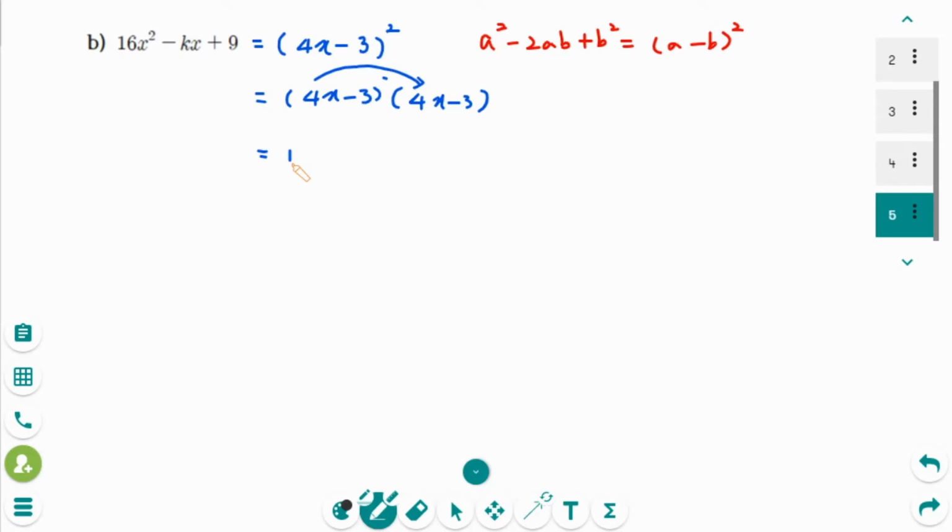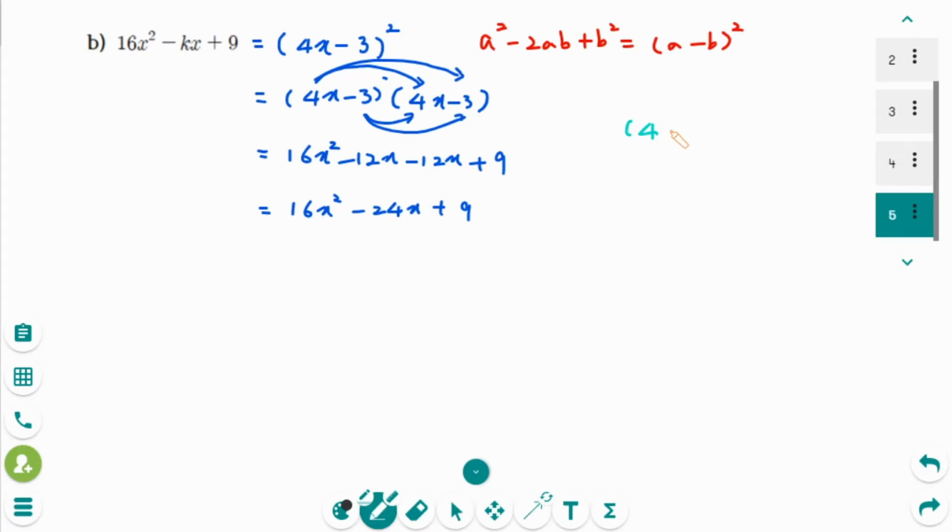So the first one is 16x squared minus 12x, then minus 12x plus 9, and then simplify together. So 24x plus 9. Or using the opposite way, 4x minus 3 squared equals this way.